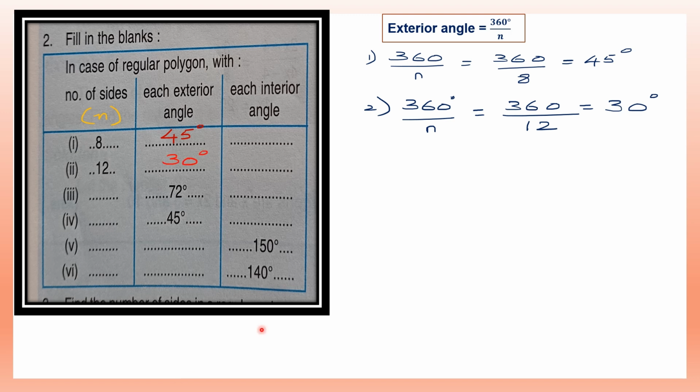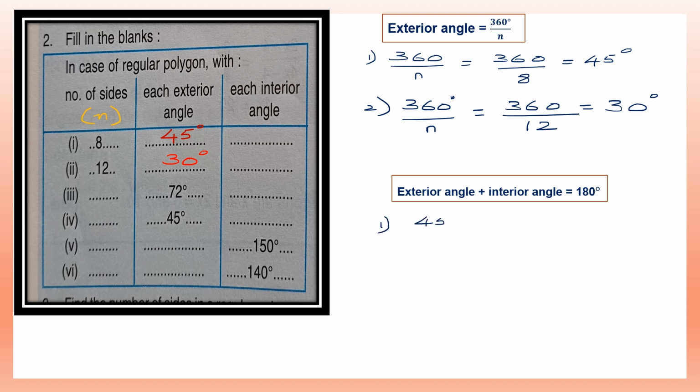Now, when you know the exterior angle, the formula to find the interior angle is this: exterior angle plus interior angle will be equal to 180 degrees. So in the first one, the exterior angle is 45 degrees plus the interior angle we don't know. Let's consider the interior angle to be x. Together they should add up to 180 degrees.